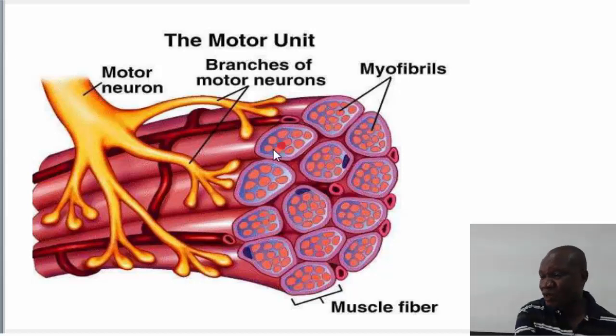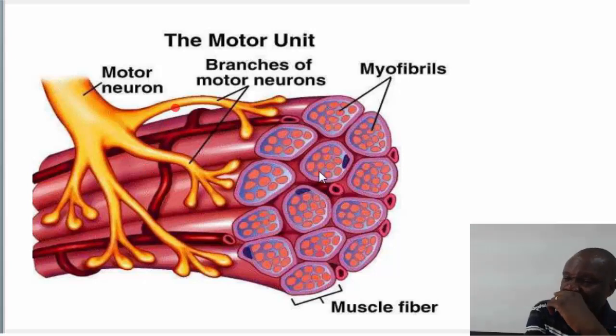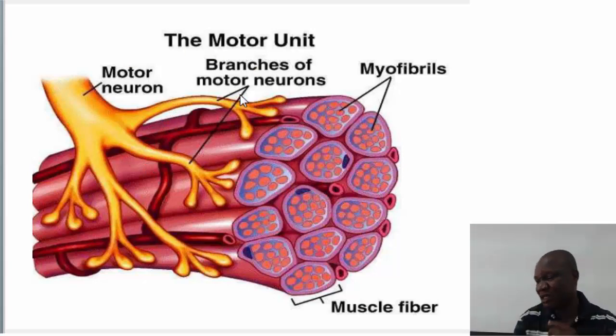A motor unit, showing all the muscle fibers it innervates. So we have a motor unit. I'll talk about the motor unit again. It's a motor neuron and all the muscle fibers it innervates.